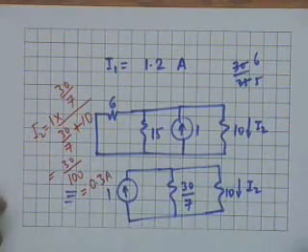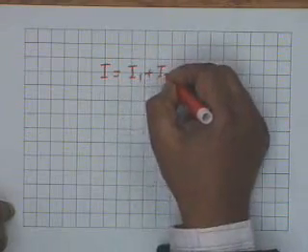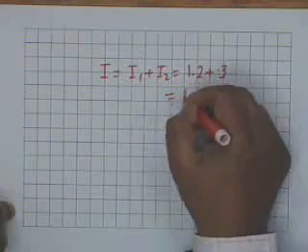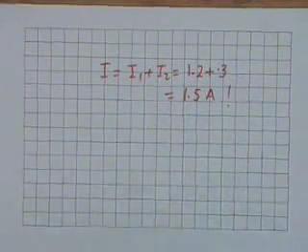And therefore by superposition, if you have found them independently, simply add them up. In other words, the required current I shall be equal to I1 plus I2 equal to 1.2 plus 0.3 equals 1.5 ampere, the result which we are getting again and again.